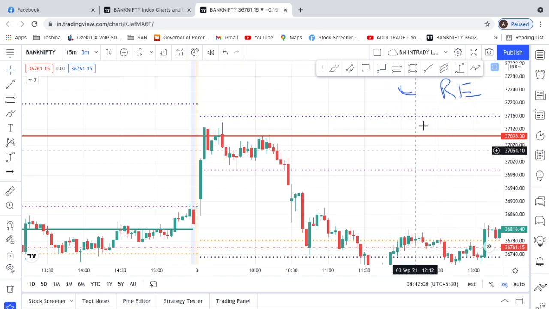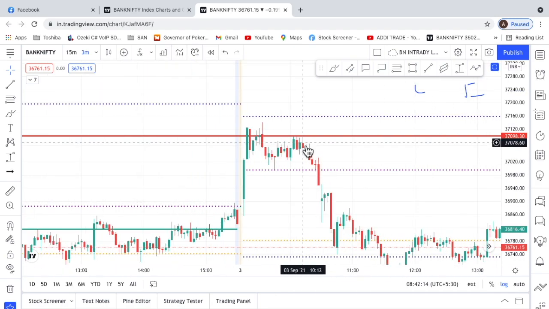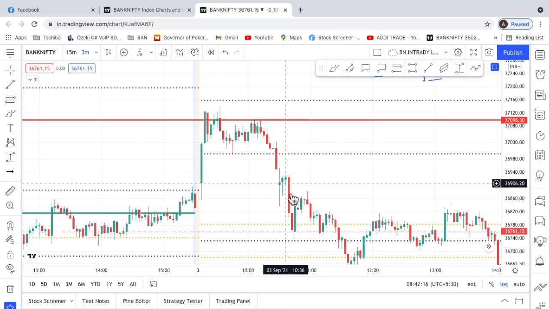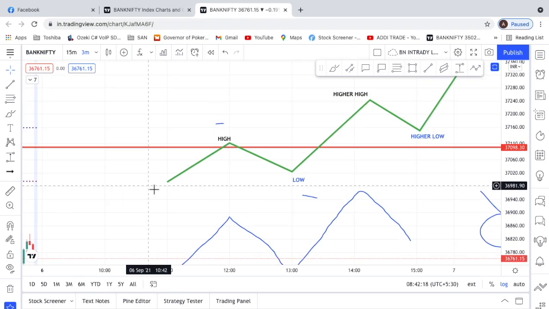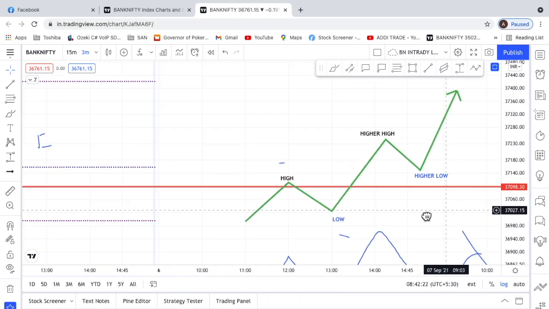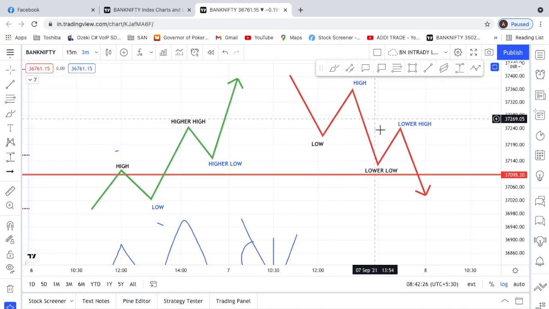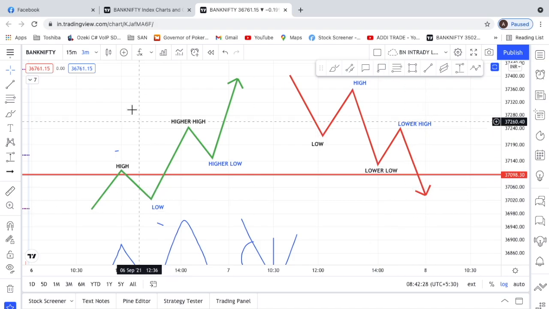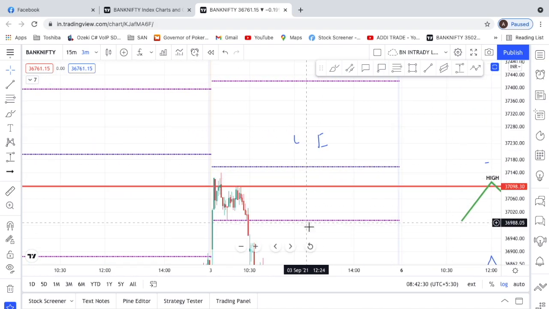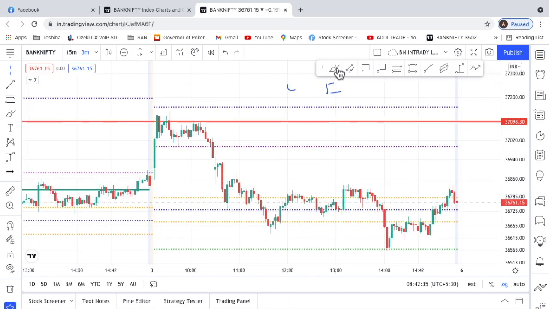Now, based on this entry that I've given, we have placed a stop loss. Now, how do we trail a stop loss? Based on this Dow theory logic that I explained, for the downward movement, we make a lower low, lower high, lower low, lower high. We move down this way. Let's see how we can trail.